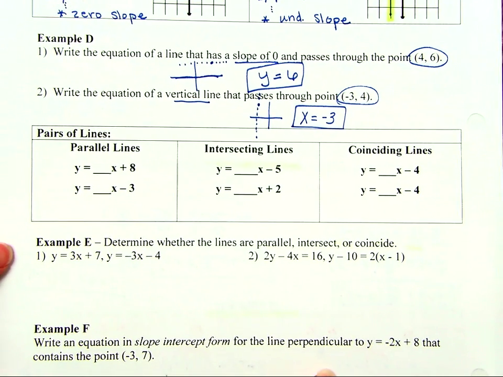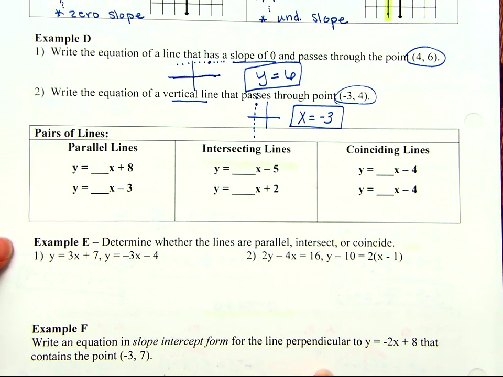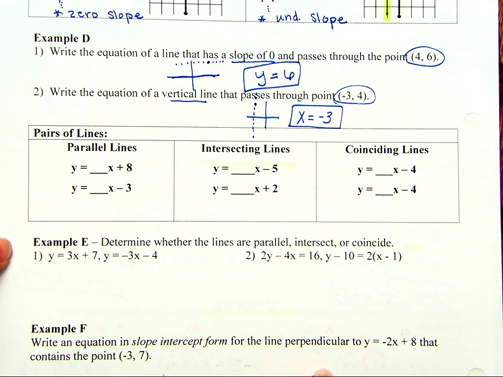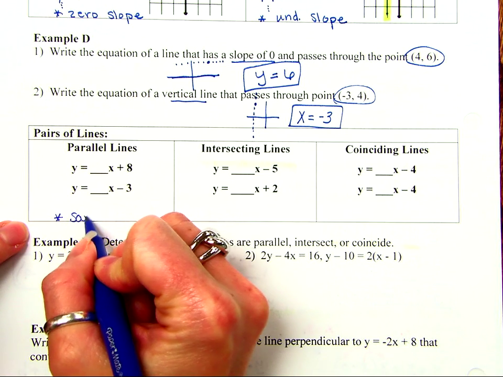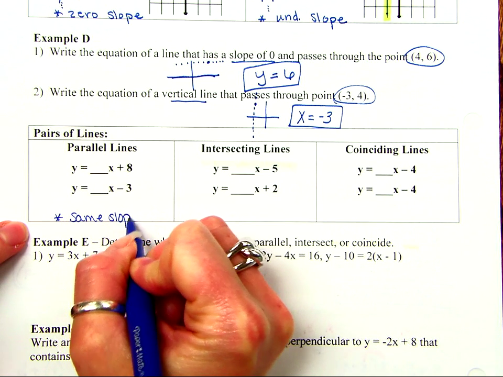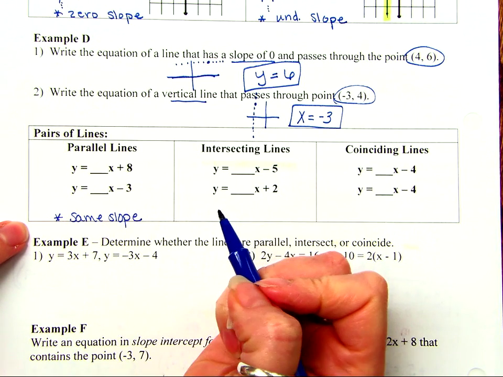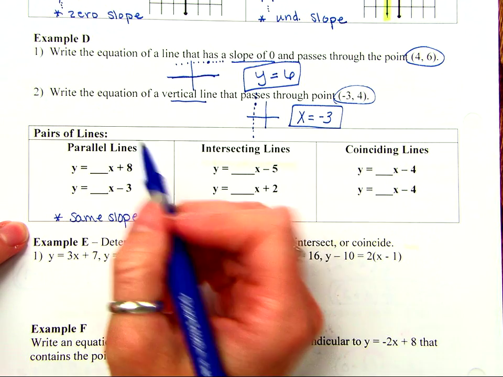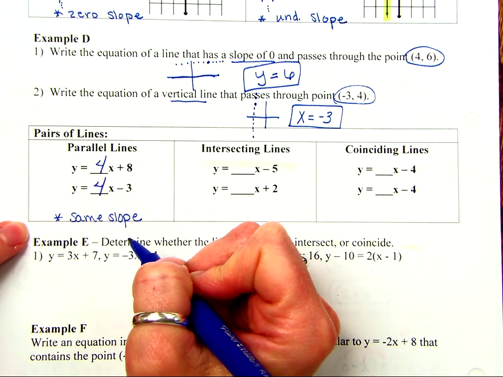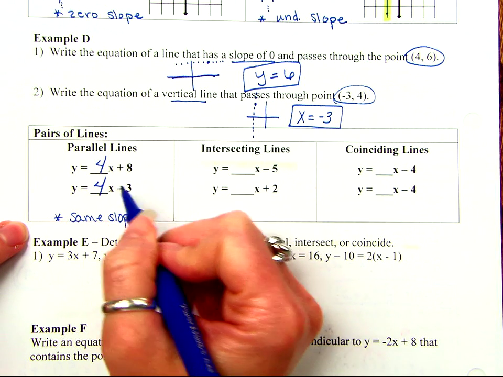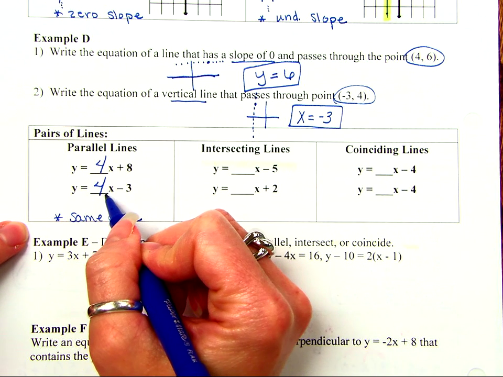Finally, we're going to talk about some pairs of lines, and we discussed a little bit in lesson 5 about parallel lines. We said that parallel lines have to have the same slope. So when I'm comparing y equals 4x plus 8 and y equals 4x minus 3, those are an example of lines that are parallel because they have the same slope.